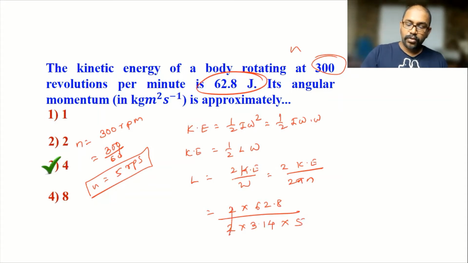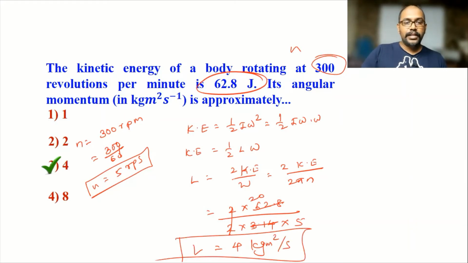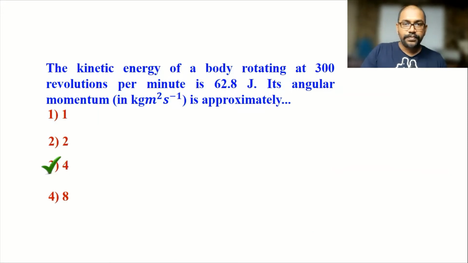So the 2 gets cancelled, and 3.14 into 2 is 6.28. So we can write 20 by 5 is 4. So it is 4 kg meter square per second, the angular momentum, and it is written in option 4. So option 4 is the correct answer for this question.